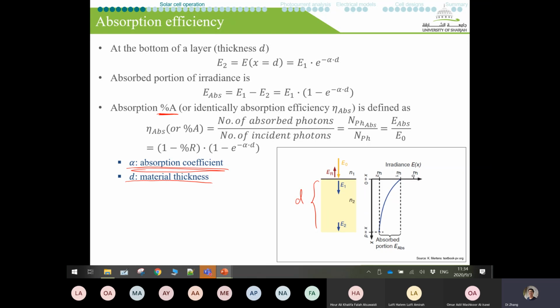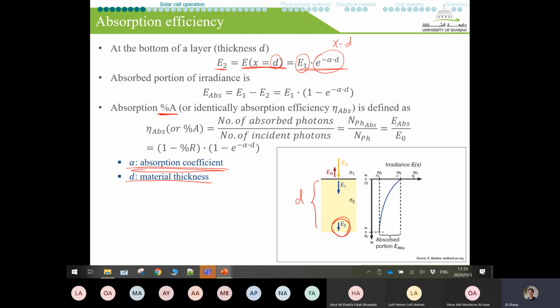So for that, we would like to know at the bottom of the material how much irradiance is remaining. Basically, we want to know how much is E2 here. And E2 is the irradiance at exactly the material thickness, at the small lowercase d. How much is that? We just have to follow the absorption coefficient, or the Beer-Lambert law, which means that this equals E1 times the exponential decay, where x equals the material thickness.